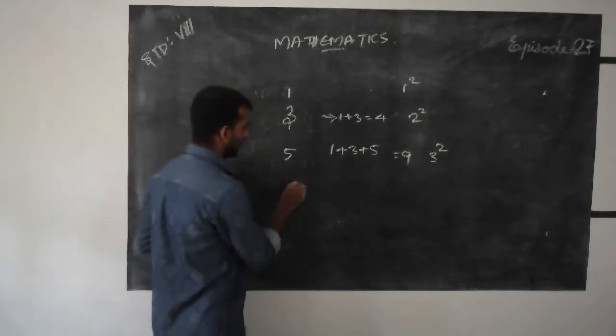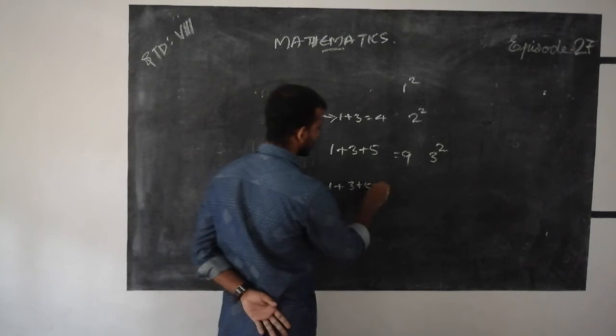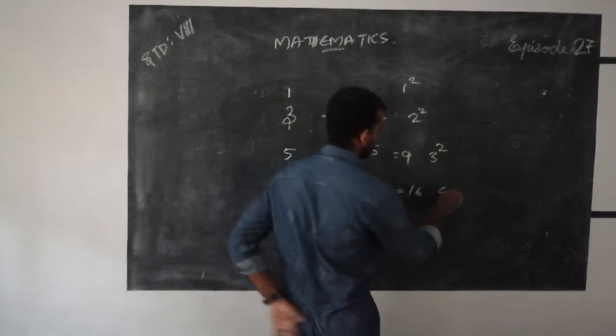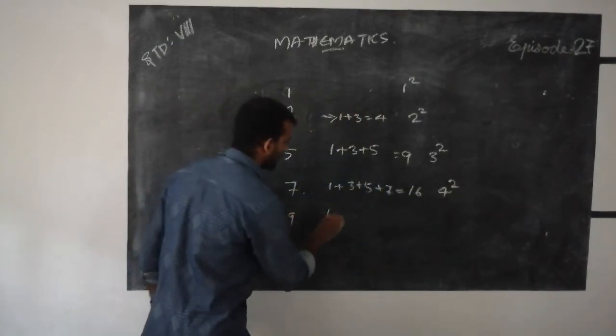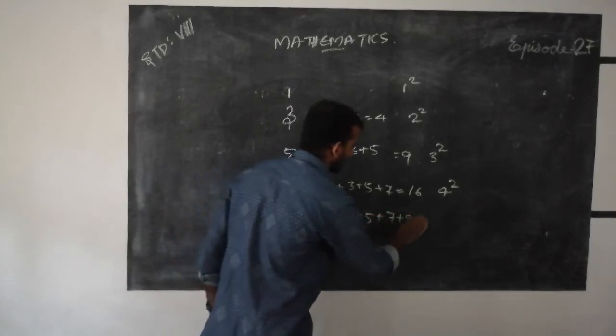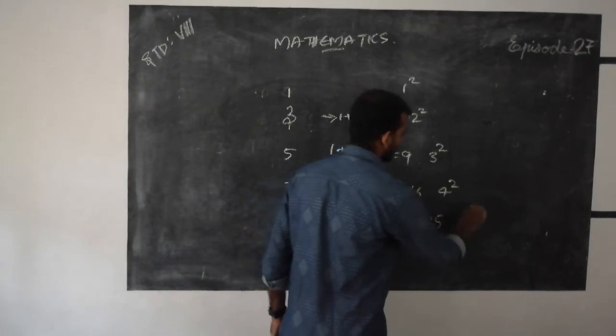Next 7, 1 plus 3 plus 5 plus 7, we get 16, that is 4 square. Next 9, 1 plus 3 plus 5 plus 7 plus 9, we get 25, that is 5 square.